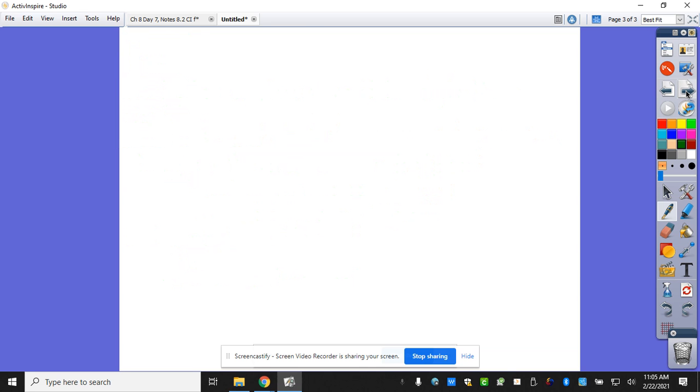Alright, so our next part of the core stuff is what? Do. What are some symbols that the problem is going to give us to use in the problem? What else?